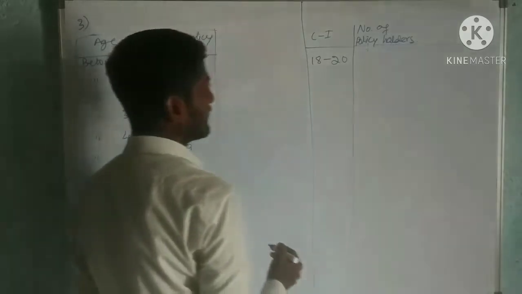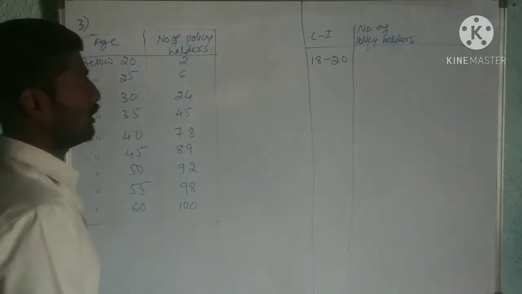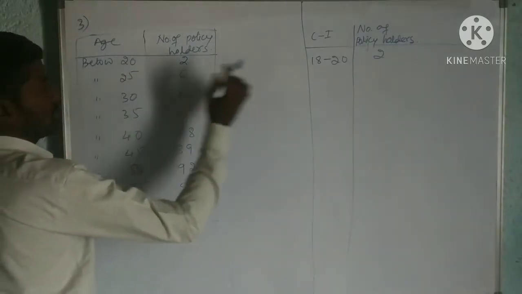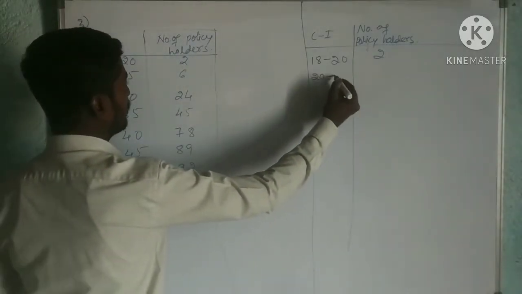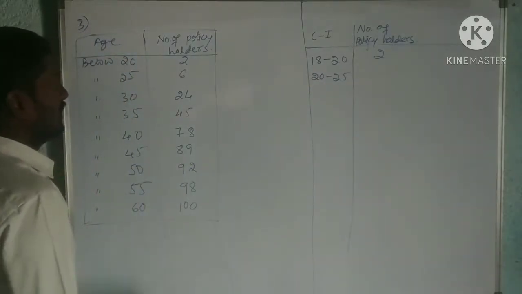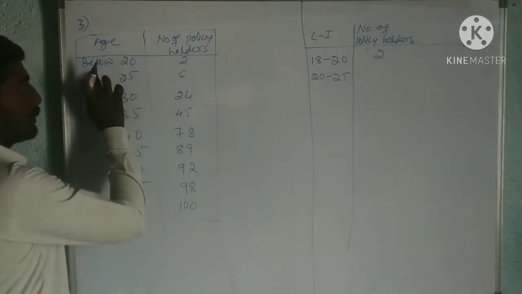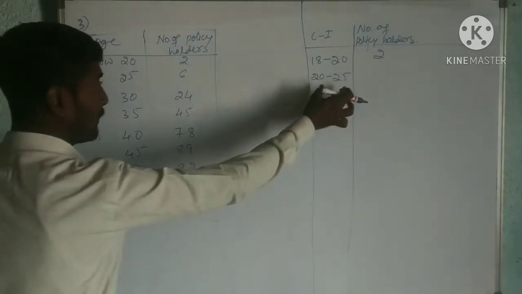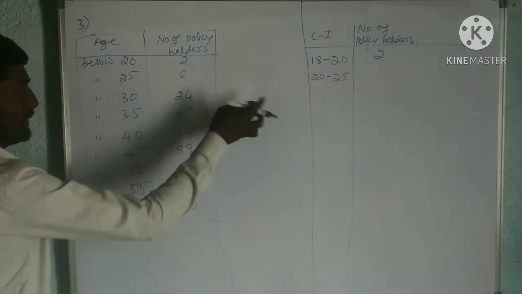It is the frequency. 18 to 20, how many are there? 2. Next one, 20 to 25. Below 20 means 18 to 22 are there. But here I want 20 to 25.